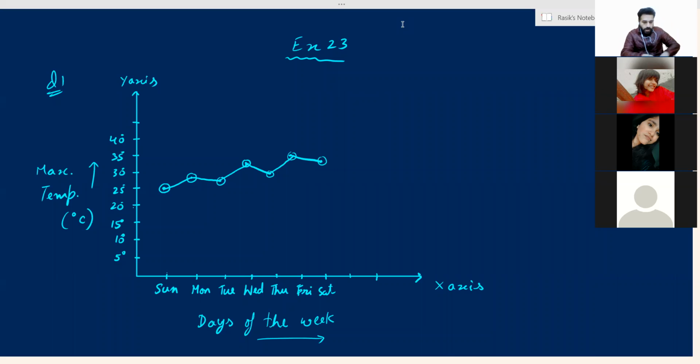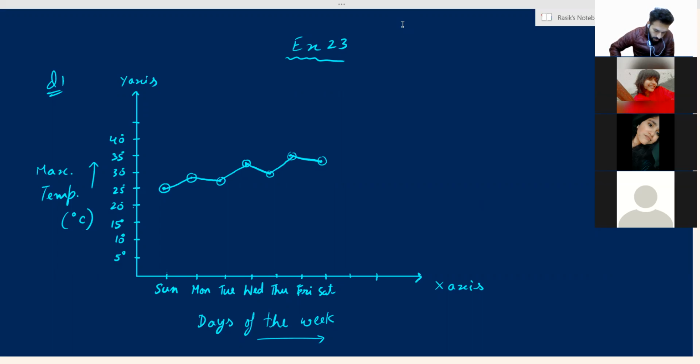First one was 25, correct? Then the second one was 28.